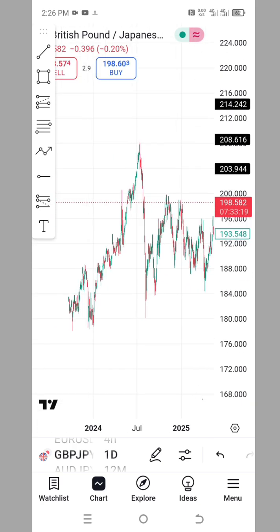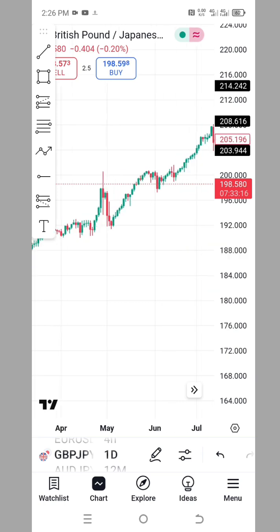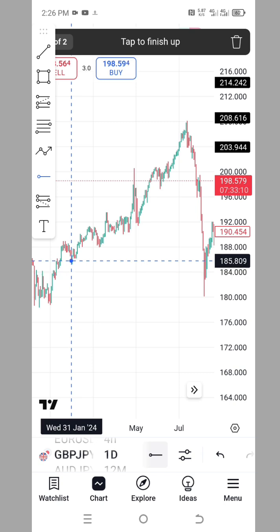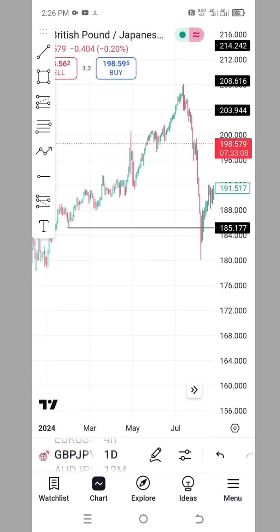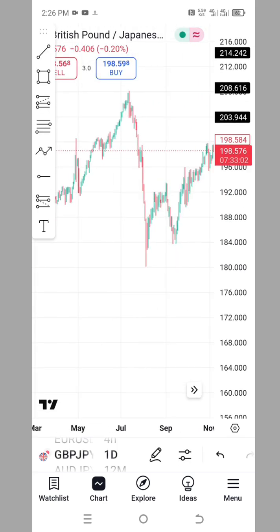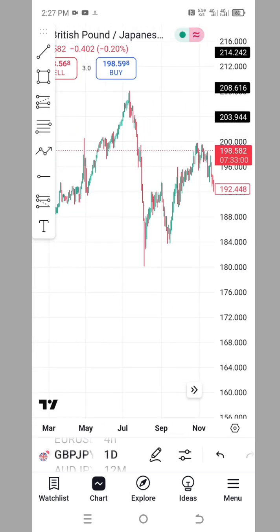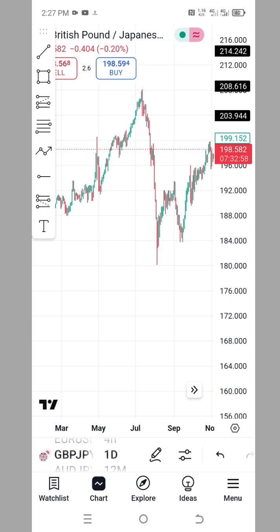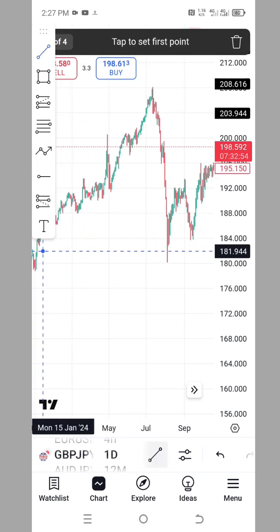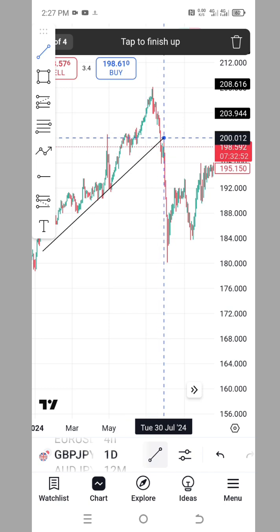All these are old price action. You can see these ones are bullish moves.